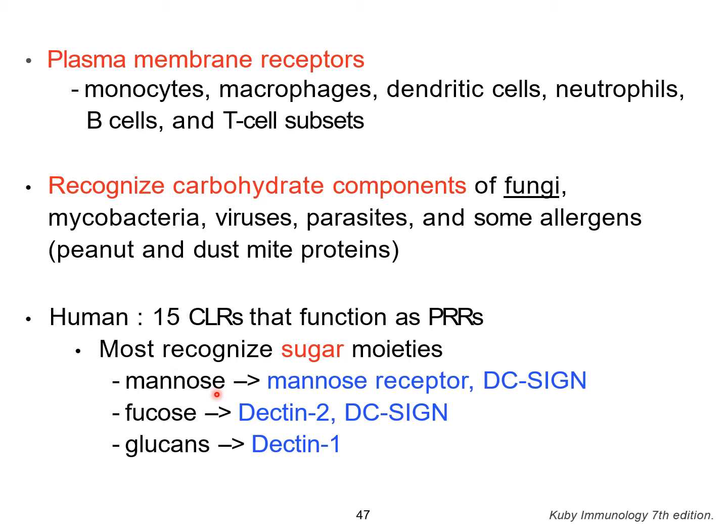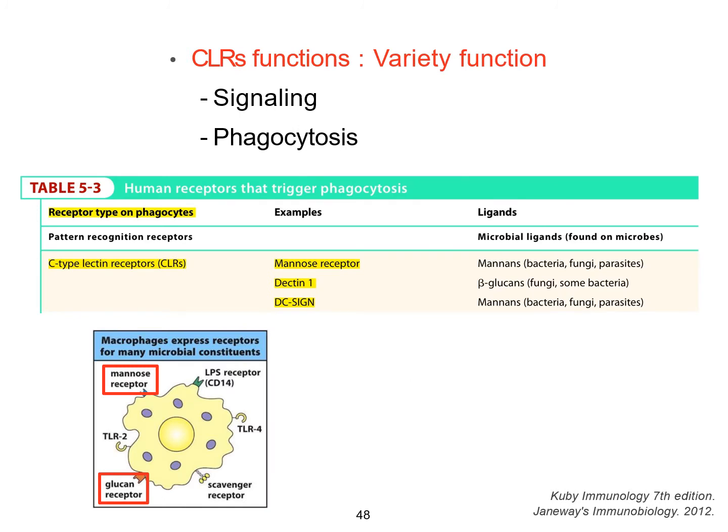Mostly they recognize sugar moieties like mannose, glucose and glucans. They have a variety of functions like signaling and phagocytosis. You can see in this picture the C-type lectin receptors, for example the mannose receptor and glucan receptors, mainly recognizing sugar moieties like mannose and glucose.